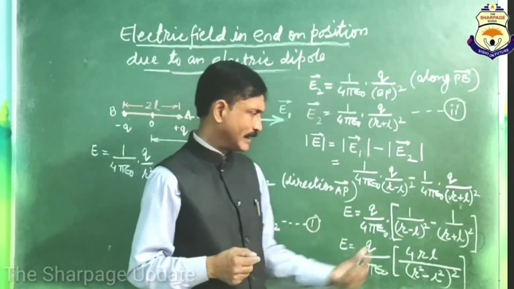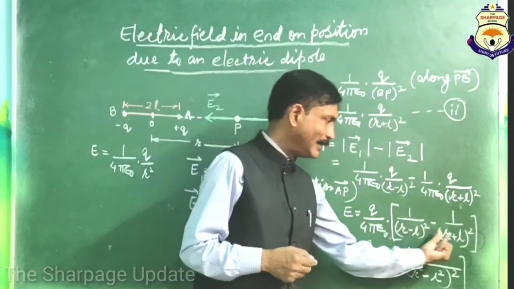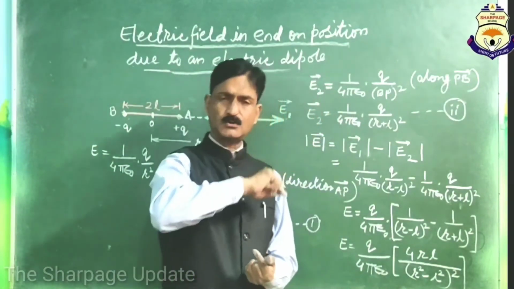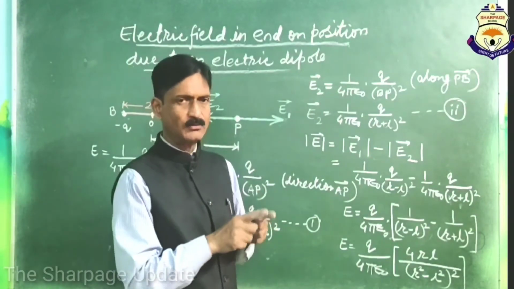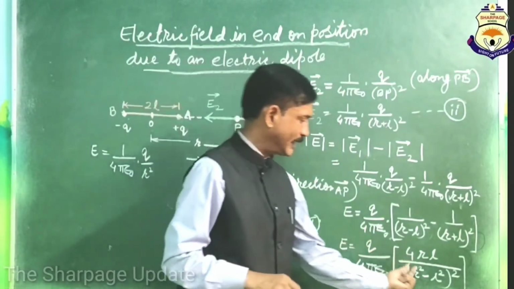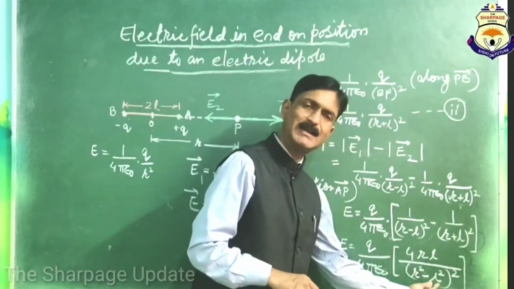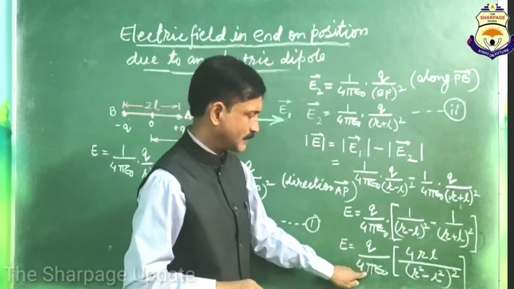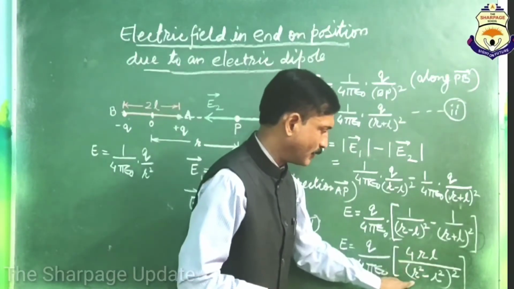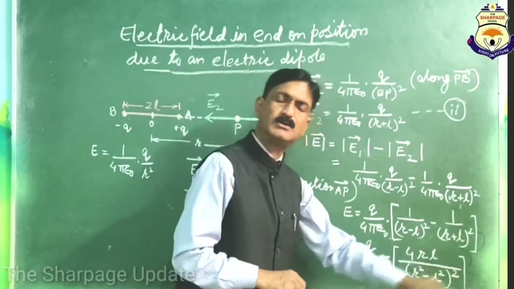And in denominator, (R minus L) into (R plus L) whole square. So (A minus B)(A plus B) equal to A square minus B square. So here (R square minus L square) whole square. So E equal to Q upon 4 pi epsilon 0 into 4RL upon (R square minus L square) whole square.